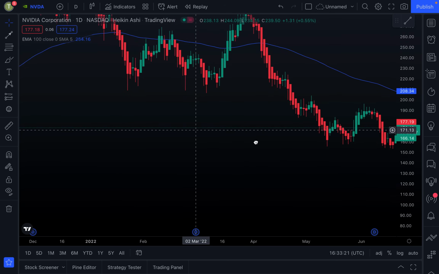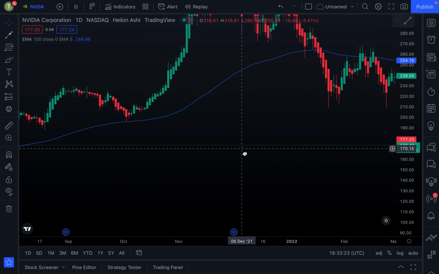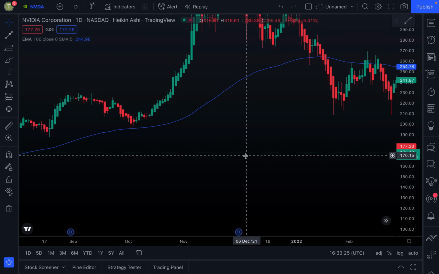And so basically the way we use this then is if we're in a downtrend, we only want to look for selling opportunities. Again, remember, the trend is your friend. You don't want to trade against the trend. If we're in an uptrend, though, we only want to look for buying opportunities here, right? So that's how we use the 100 EMA line.